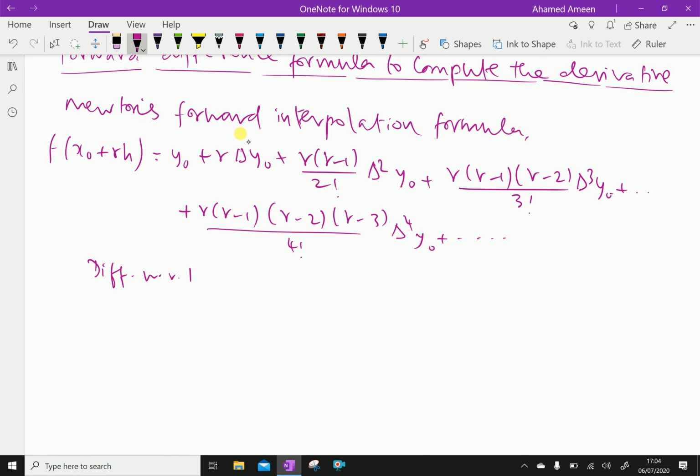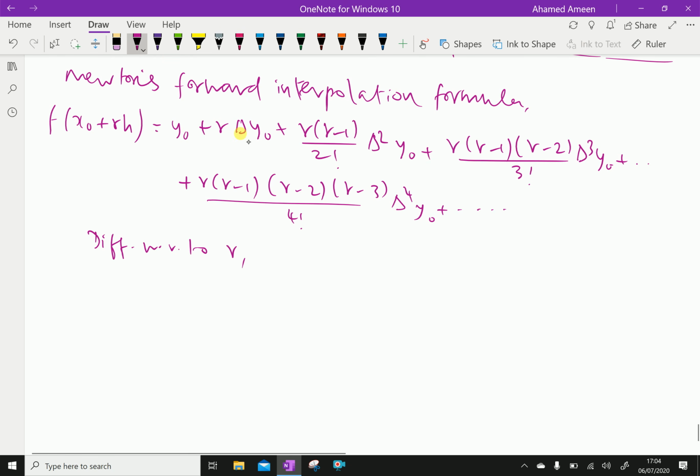Differentiating with respect to r, that is, here f of x0 plus rh, we can differentiate like f dash of x0 plus rh into h, because the differentiation of rh is h.